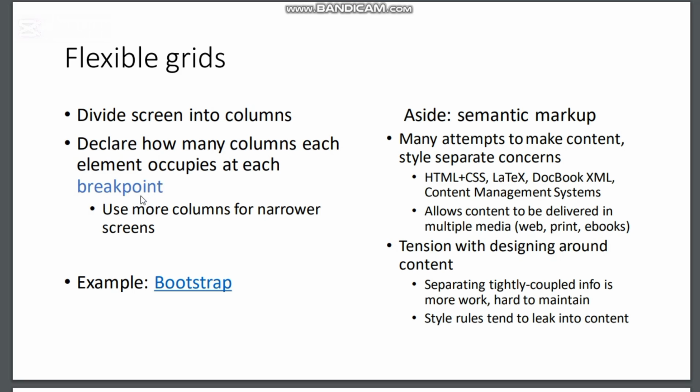We have to see them as well. How many columns each element requires. Use more columns for narrower screens. So if we have a narrower screen like a mobile screen, we have to use more columns. Example, Bootstrap. We can also do this by using CSS media queries, which help us in this process of making the website responsive.